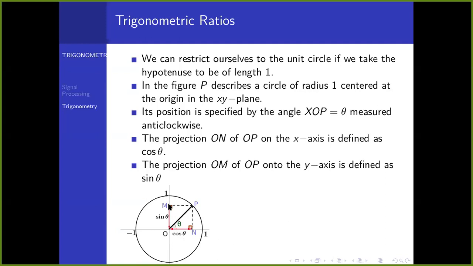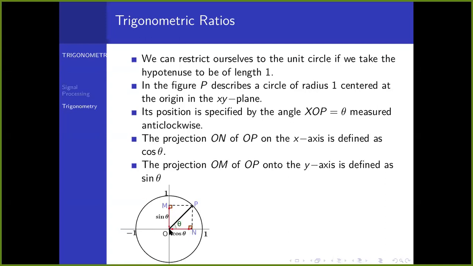The sine of theta is supposed to be the opposite over the hypotenuse, but the hypotenuse is 1, so it's basically just the opposite over 1, which is PN and MO, the same length. The same for the cosine.